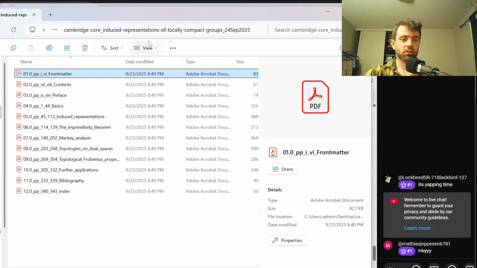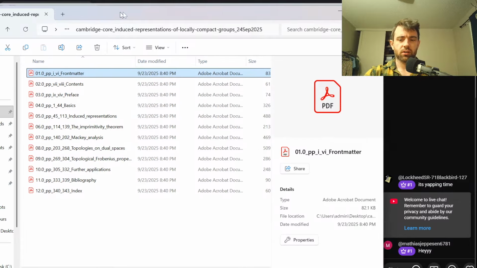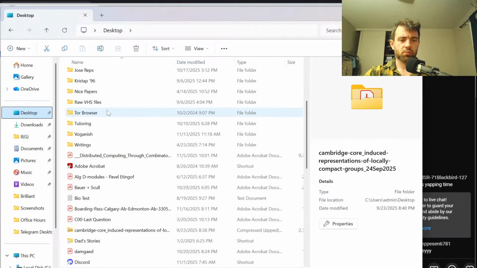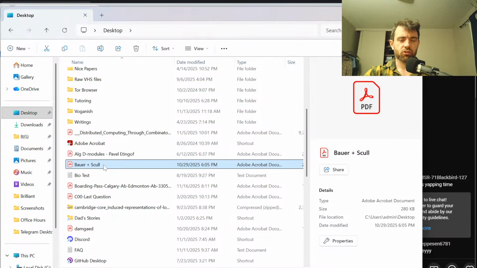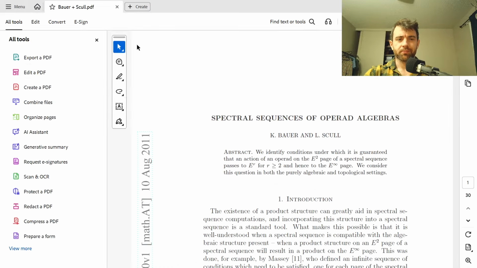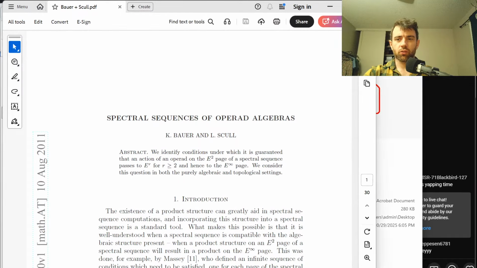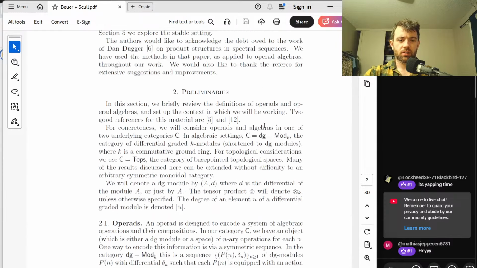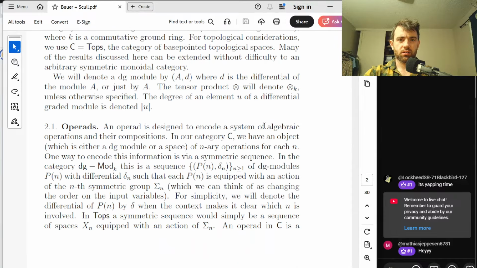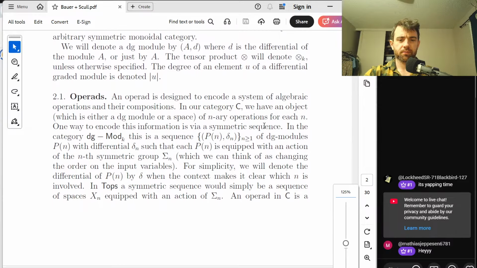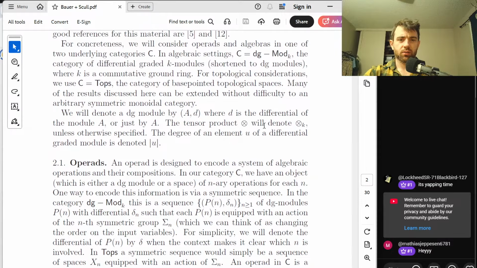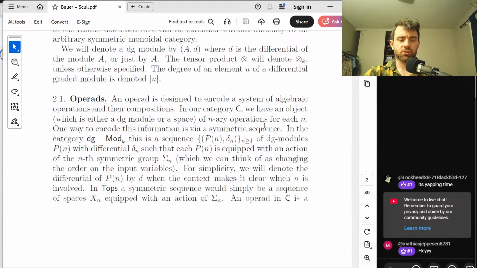You know what I should be doing is trying to understand this one paper that I brought up before. This is what I should be doing. I should be looking at this paper. So why don't we start here? We need to understand operads.